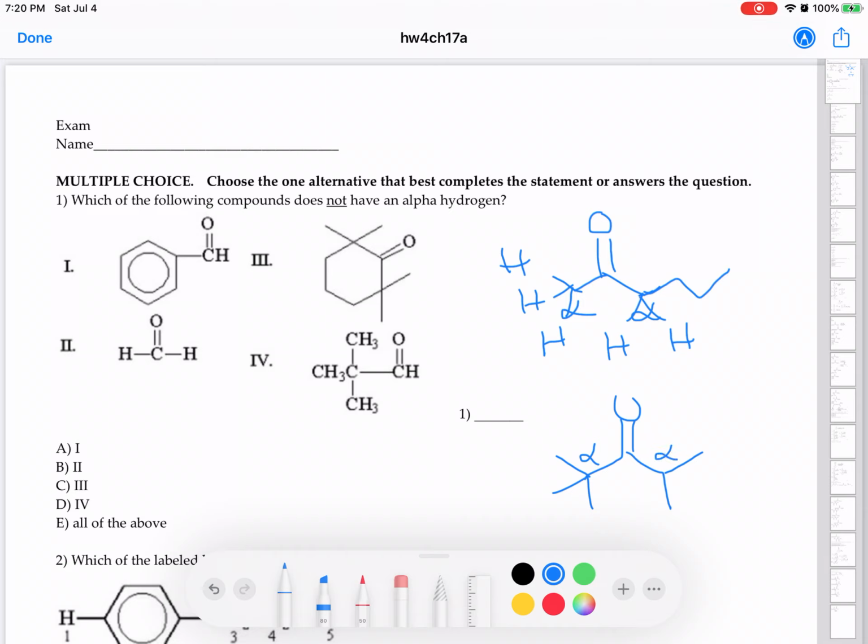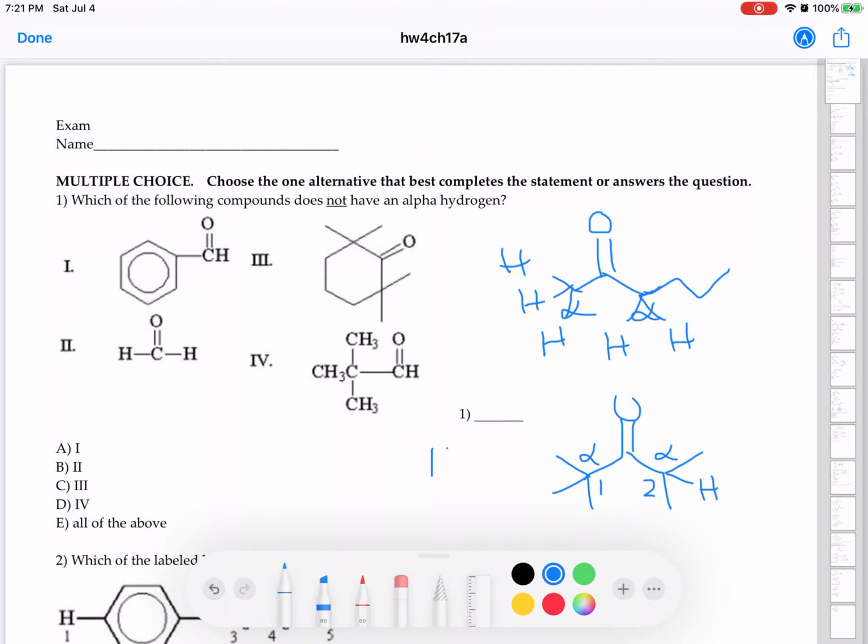How many alpha hydrogens do we have? All of these bonds that I have drawn are methyl groups. So this is the first alpha carbon, second alpha carbon. Do we have any alpha hydrogens on carbon number 1? No, all of them are methyl groups. And how about carbon number 2? Yes, because it has only 3 bonds. The one that is not drawn is hydrogen. So this one has only 1 alpha hydrogen.